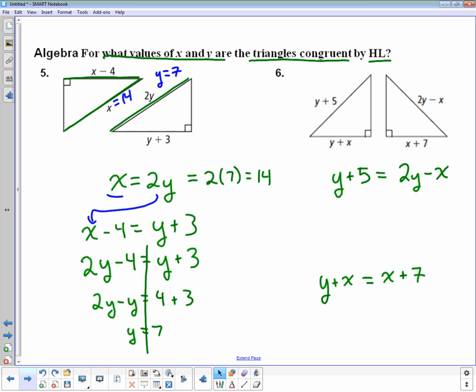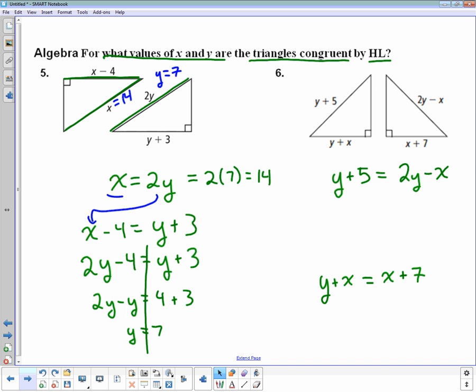Can you find y just from this equation? Second equation. One step. You get y. What is it? Just subtract x from both sides, guys.